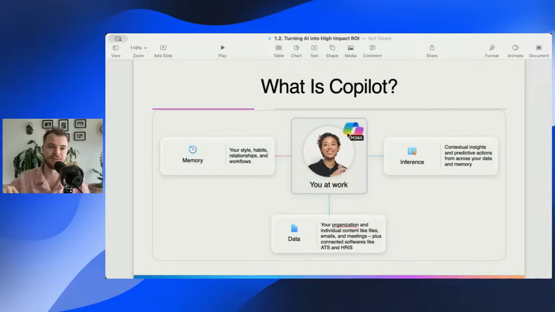So you can send emails, you can text candidates, you can prepare for an interview, all within that interface, which is connected to your memory data and is able to infer using those two sources.